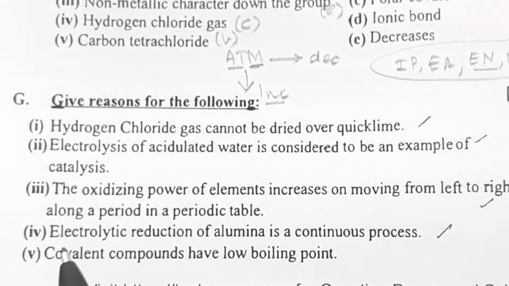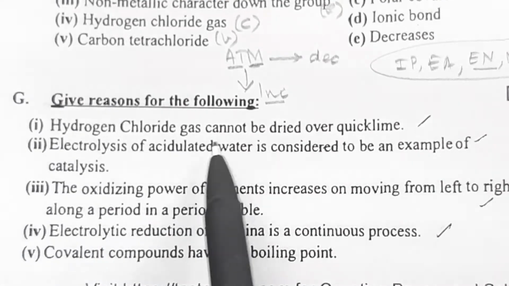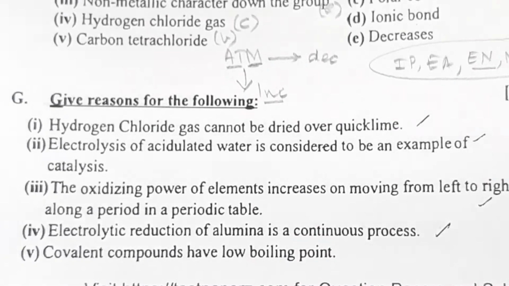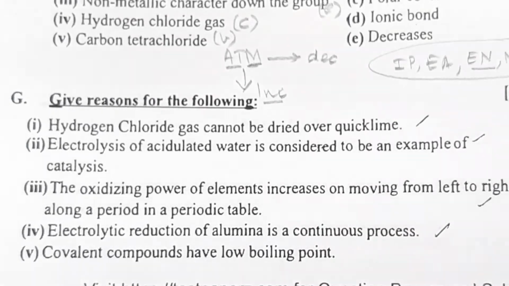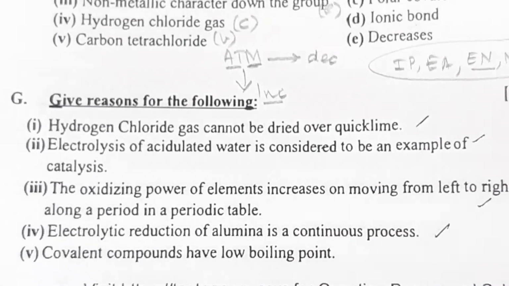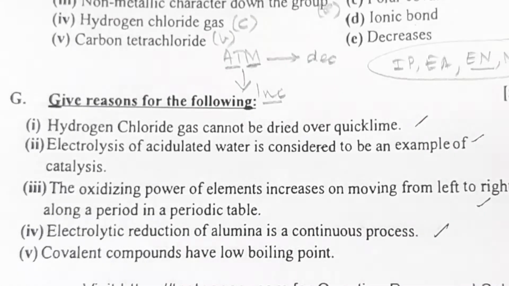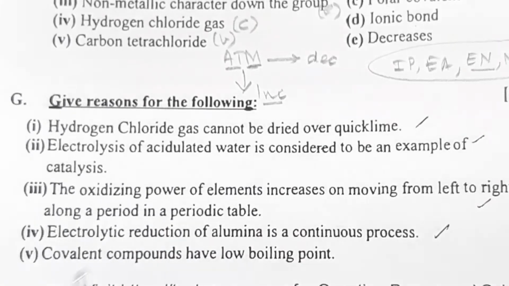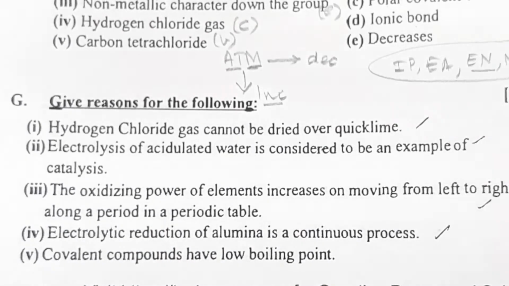Give reason for the following. Hydrogen chloride gas cannot be dried over quicklime. Now what could be the reason? Because quicklime is a hygroscopic substance, but it is going to react with HCl, correct? And so we cannot dry it over it because chemically it is combining, right?